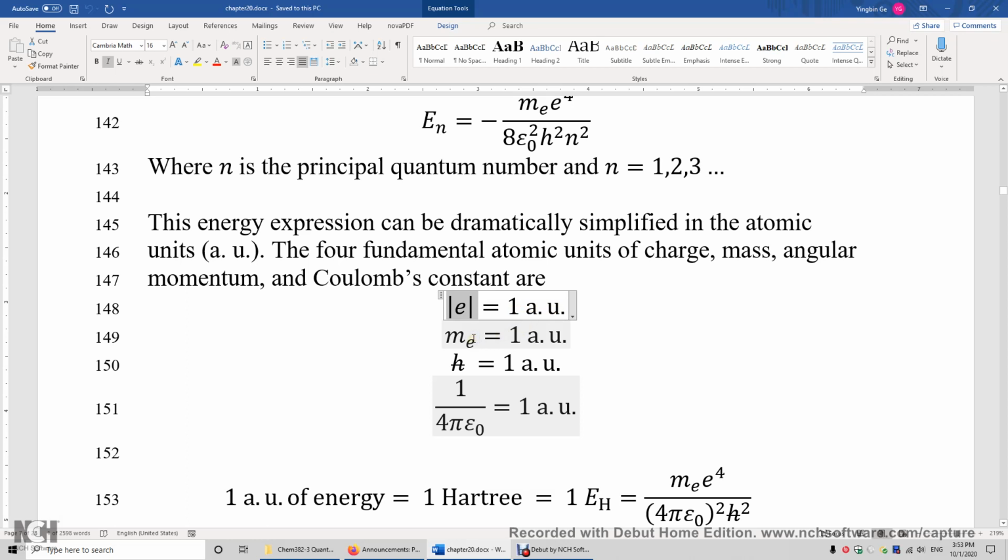The mass of the electron is 1 atomic unit of mass. h bar is 1 atomic unit of angular momentum, and 1 over 4 pi epsilon 0, this whole thing, is defined to be 1 atomic unit.